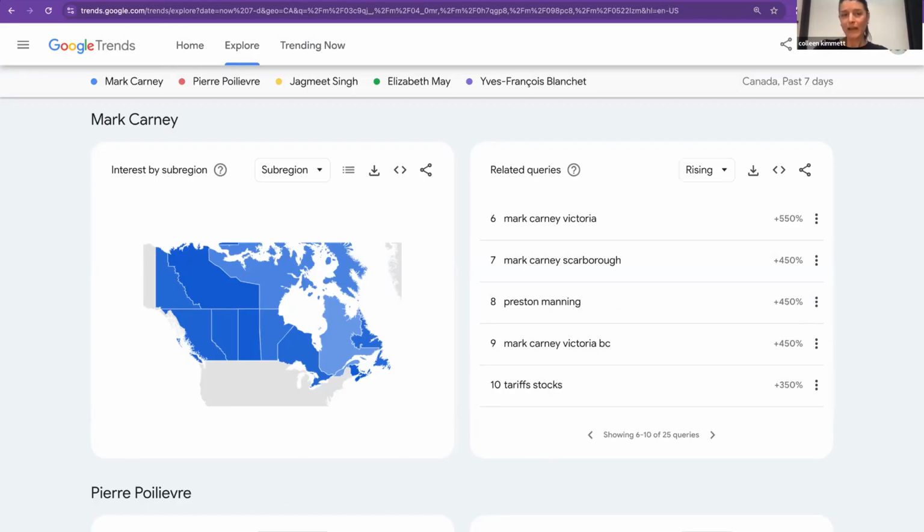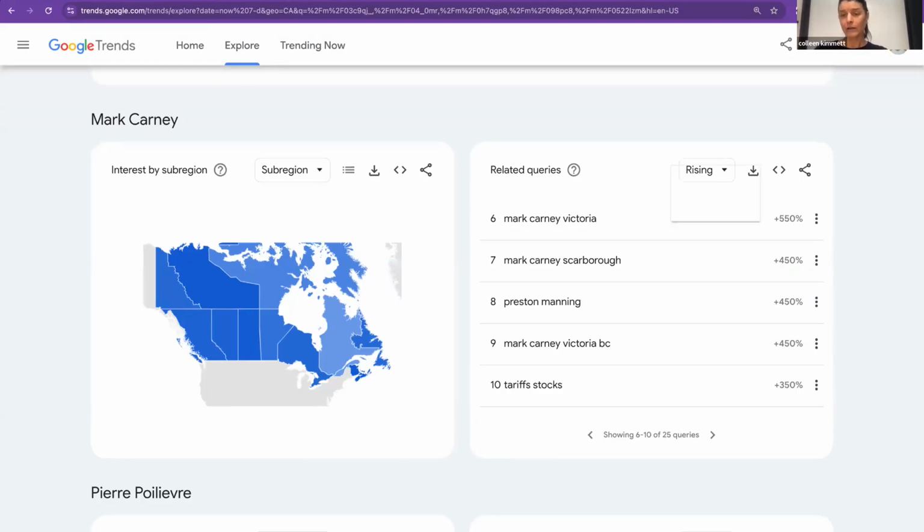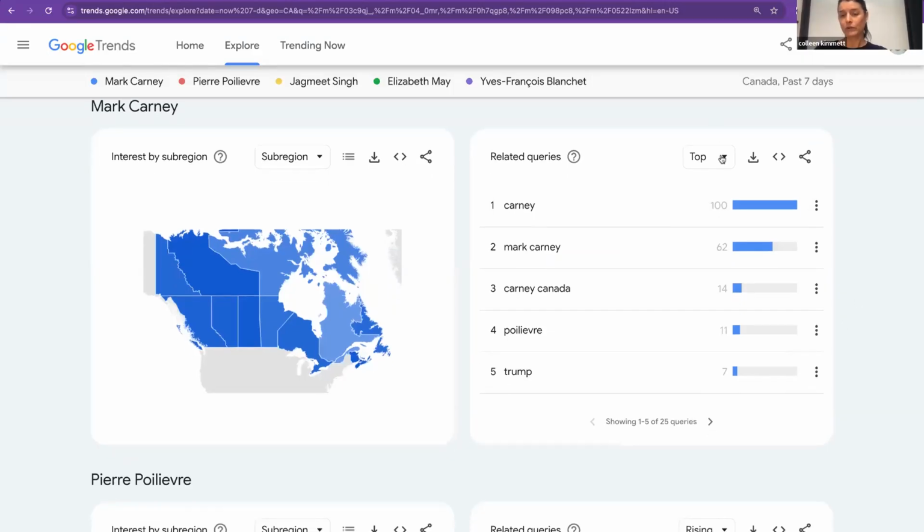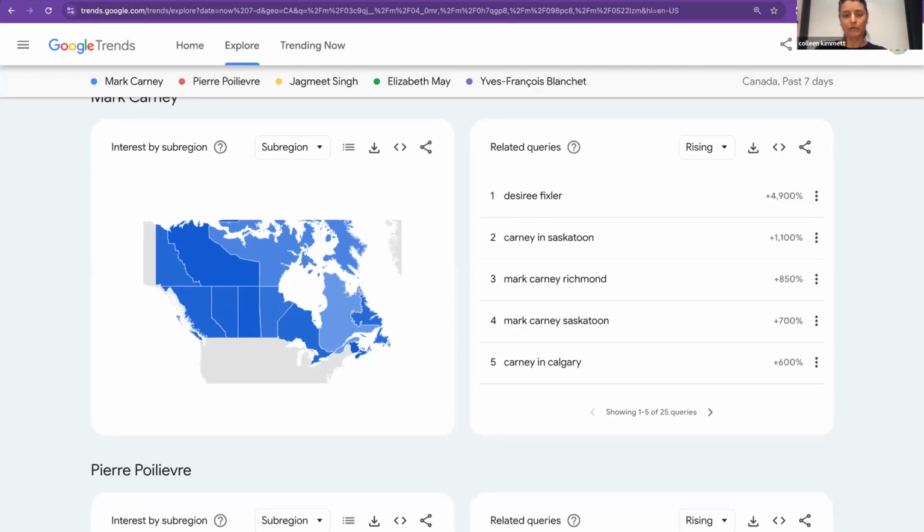Rising, again, is showing you search related queries that have seen a dramatic increase in the past week, whereas top are overall. So I would say, again, rising is more interesting from a newsworthy perspective.